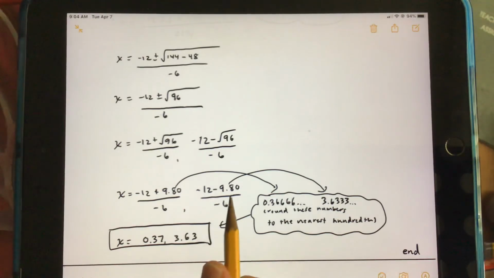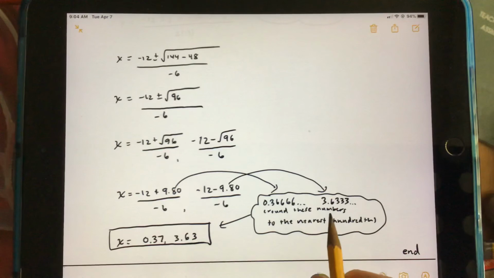And over here, negative 12 minus 9.80 divided by negative 6 is 3.63, rounded off to the nearest hundredth. And again, on my calculator, I'm going to see 3.6 and a bunch of 3's. And when I go to that second place past the decimal point, the 3 to the right of that will round it down and keep that 3 the same. So I'll report x is equal to 0.37 and 3.63 as my final answers or solutions to this problem.